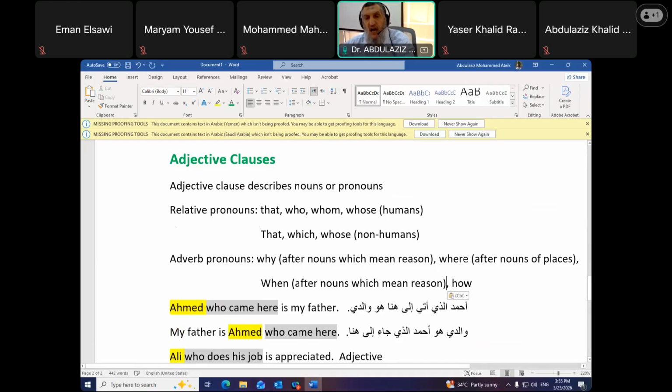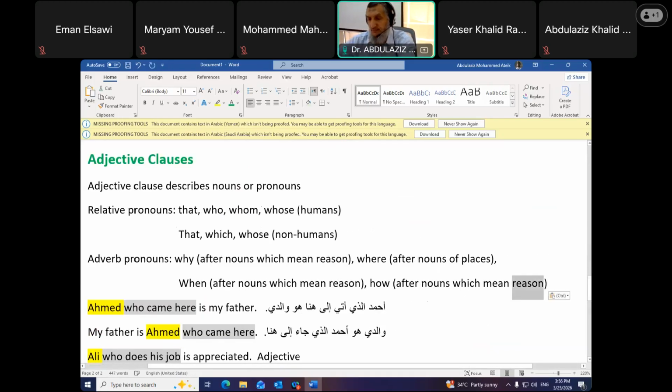This is after a noun which means method. Examples.